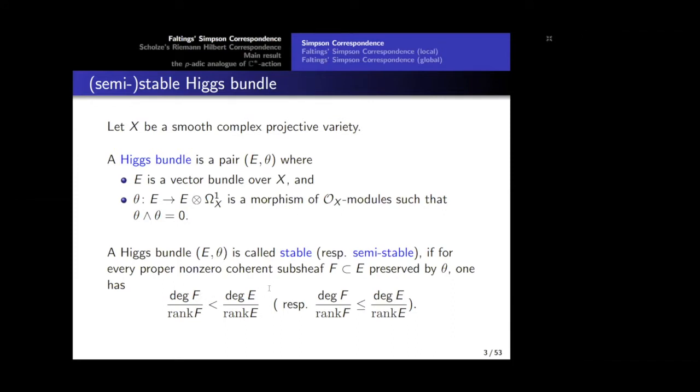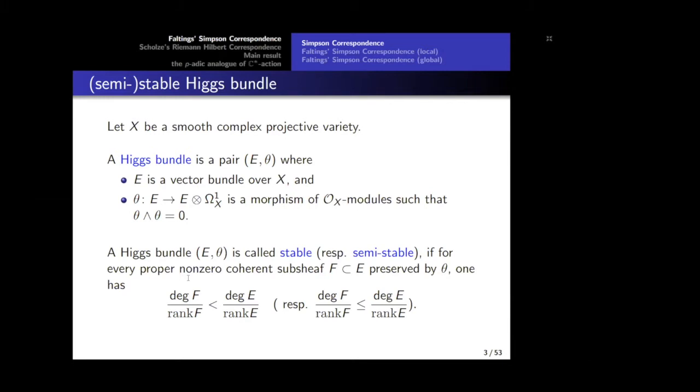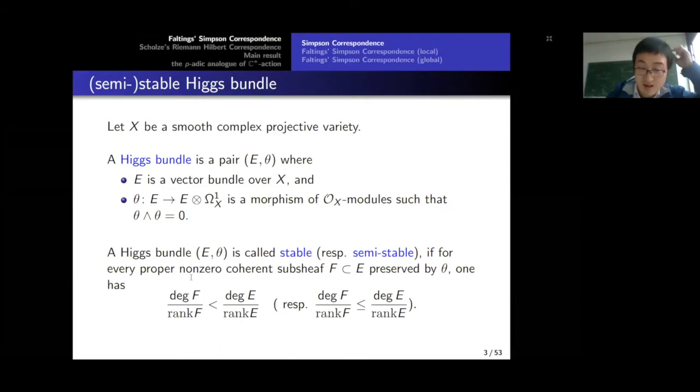I meant that in higher dimensions, you need to assume that the rank of F is smaller than the rank of E. You didn't assume that the sheaf is saturated, and... Okay, thank you. Thank you for reminding me of this.